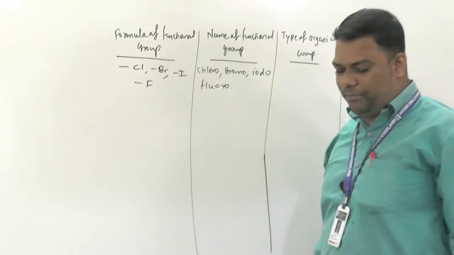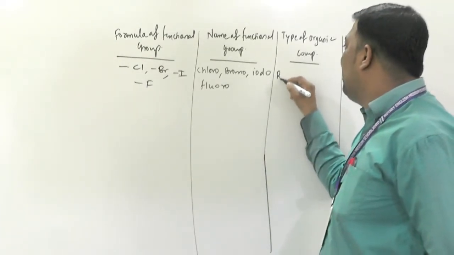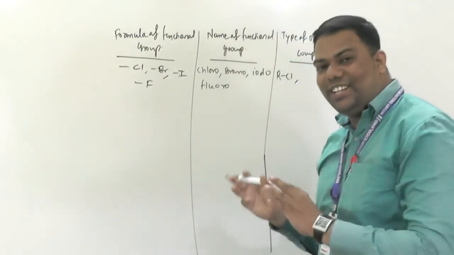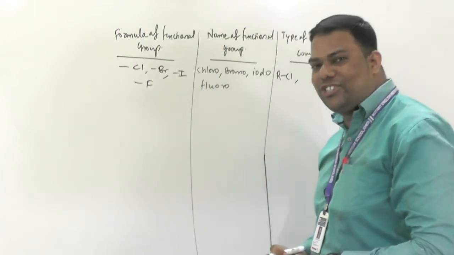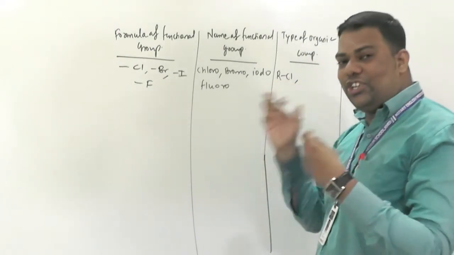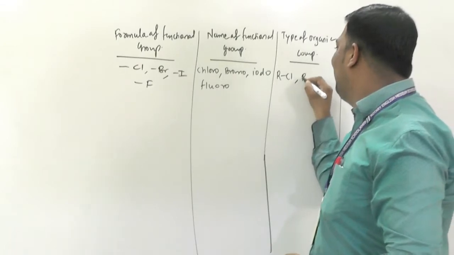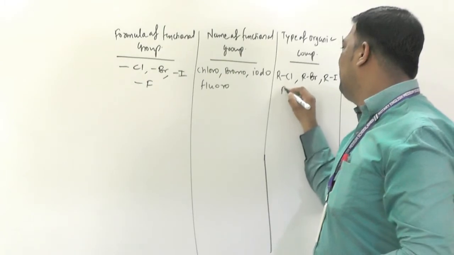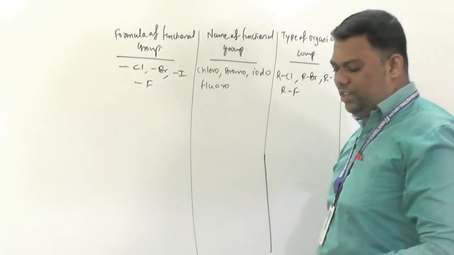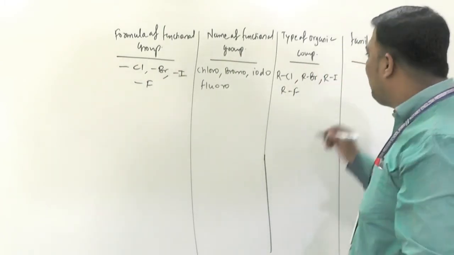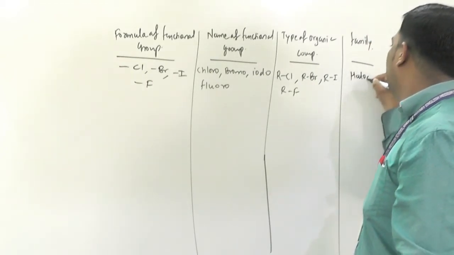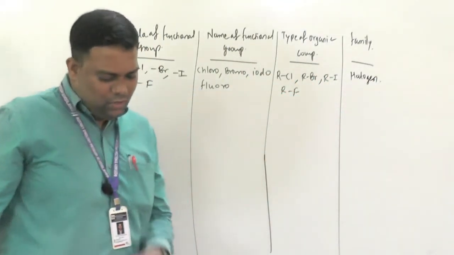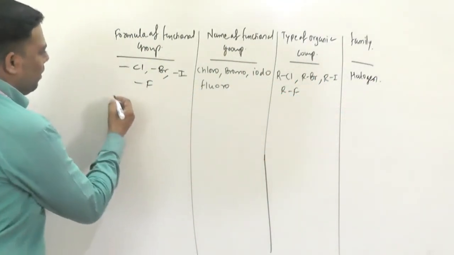Type of organic compound we can write as RCl. R means whatever your hydrocarbon, when one hydrogen is replaced, like CH3Cl, C2H5Cl. RCl, RBr, RI, RF. Okay, understood. These are the halogen family.